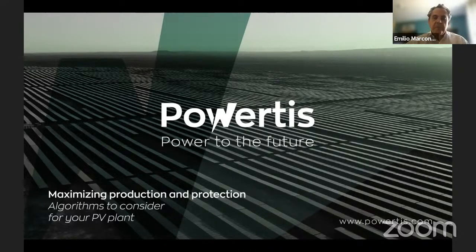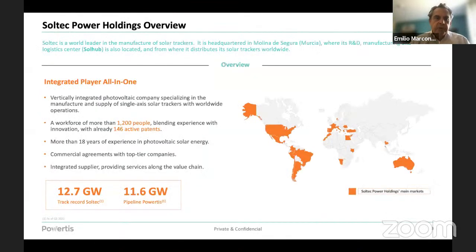As I said, my name is Emilio Marconell. I am the Director of Operations for Powertis, part of Soltec group. Soltec is a vertically integrated group of companies based in Murcia, Spain.